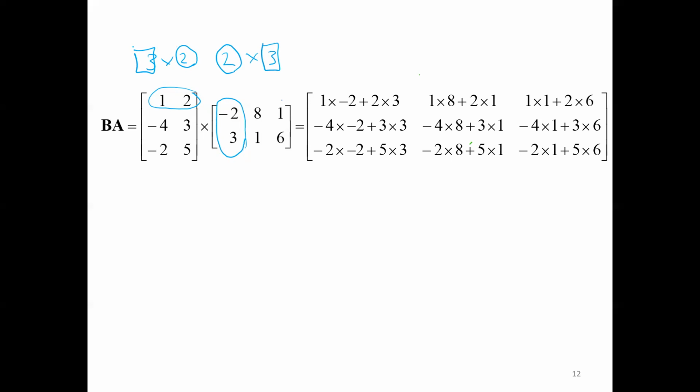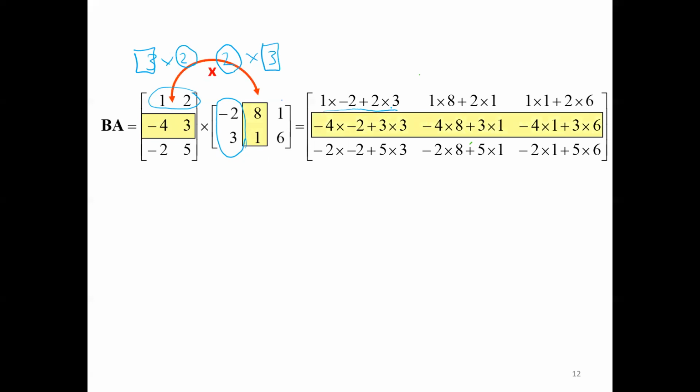So this is just to show you: 1 times minus 2 plus 2 times 3. The same way you find the other ones. To find the second one, highlighted in yellow, you use the second row multiplied by the second column, which gives you this element here in the middle.